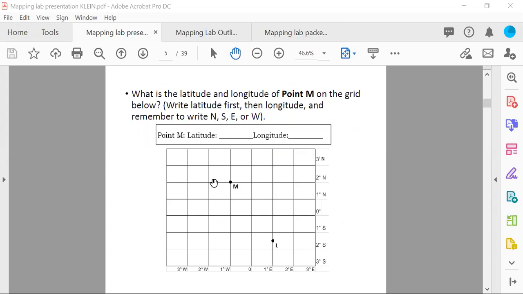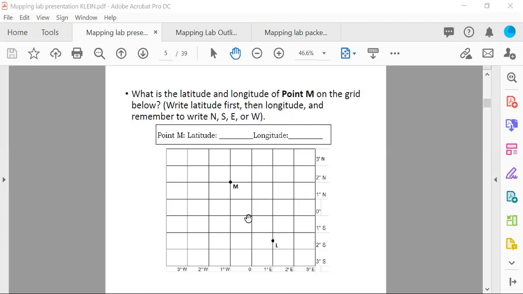So the way that you do this, you look, here's point M, and you go across and see what line point M is on. And it's on the 2 degrees north line. And then you look at what vertical line it's on. So you go down and it's 1 degree west.